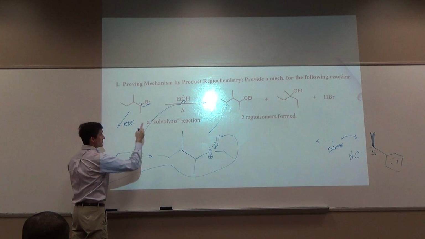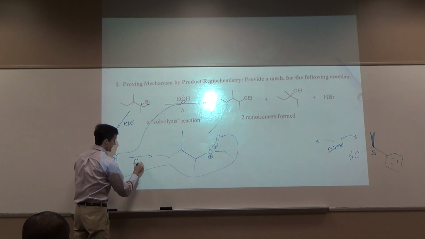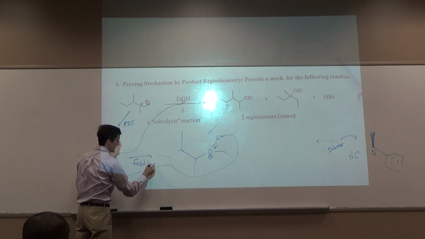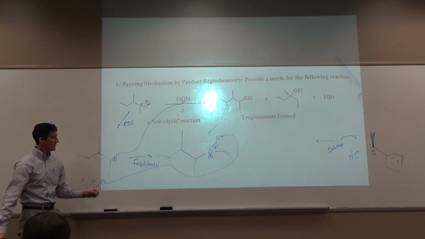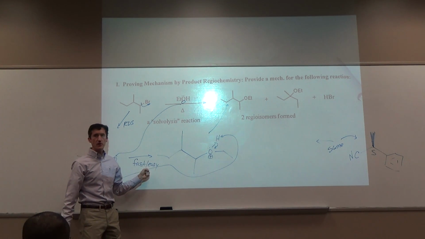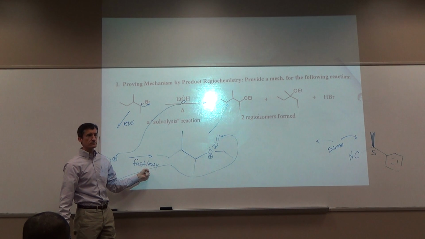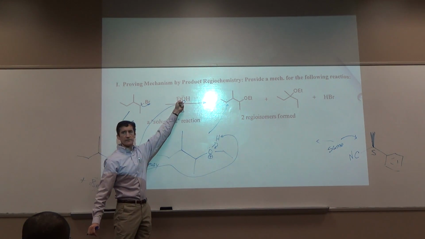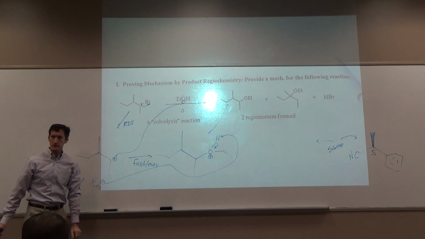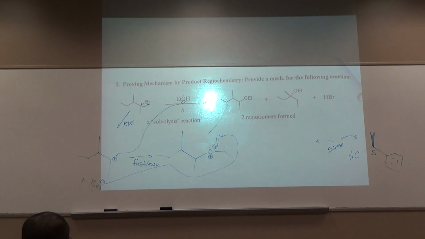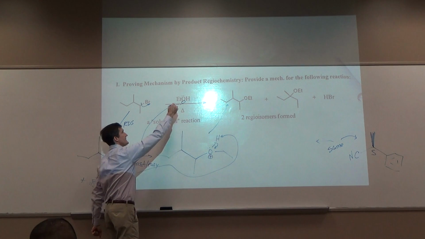That step is slow. The nucleophile adding is actually fast and easy by comparison. Because this is fast and easy, you don't have to have a strong nucleophile. A weak nucleophile can do this. This guy's lazy.